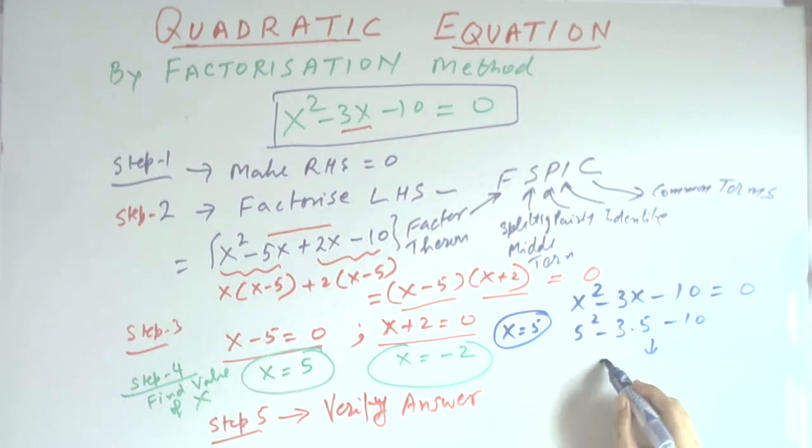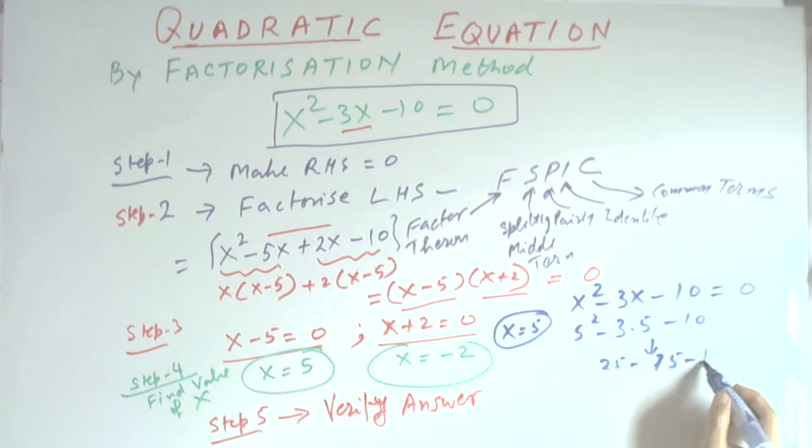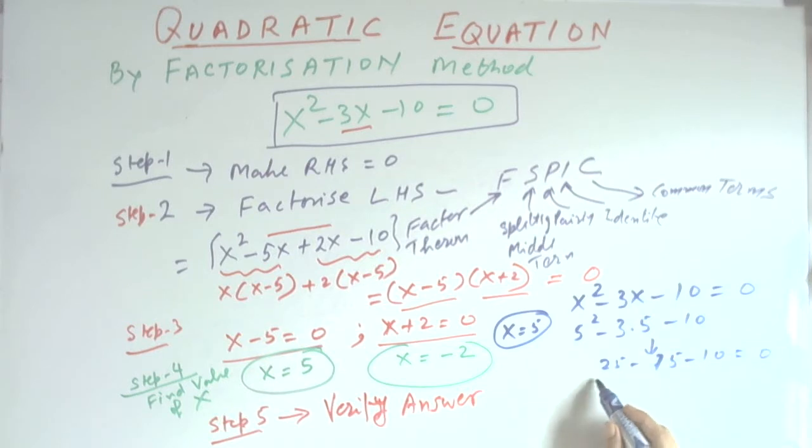So this will become 25 minus 15 minus 10, and this is equal to 0. 15 and 10 is 25, so 25 minus 25 is 0. We have verified that for x equal to 5, the answer is correct.